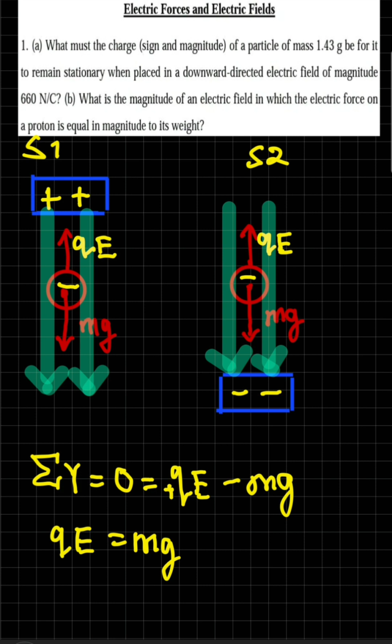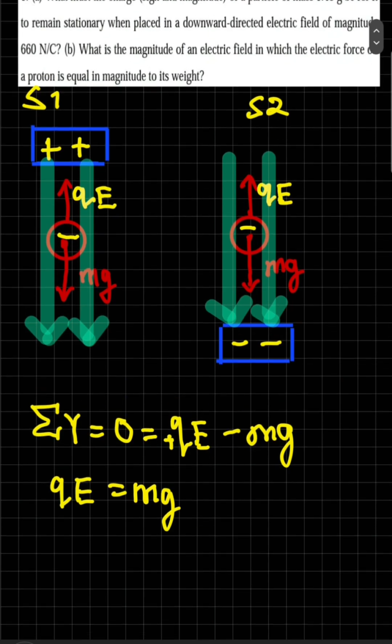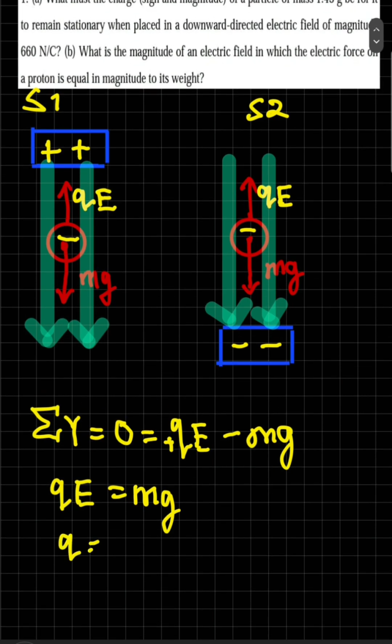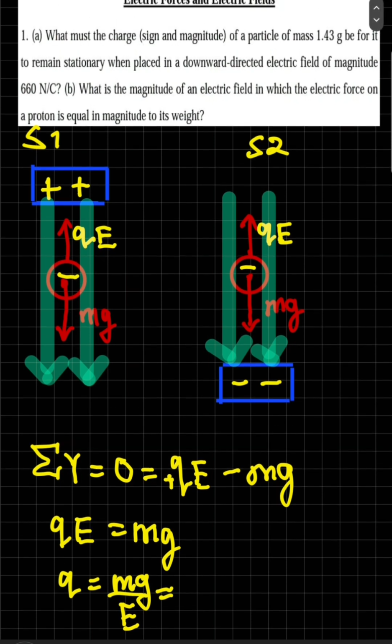Since we're trying to find Q, let's make Q the subject of the formula. Q will be equal to mg divided by E. The mass of the particle should be in kilograms, and we have it in grams, so we need to divide it by 1,000.